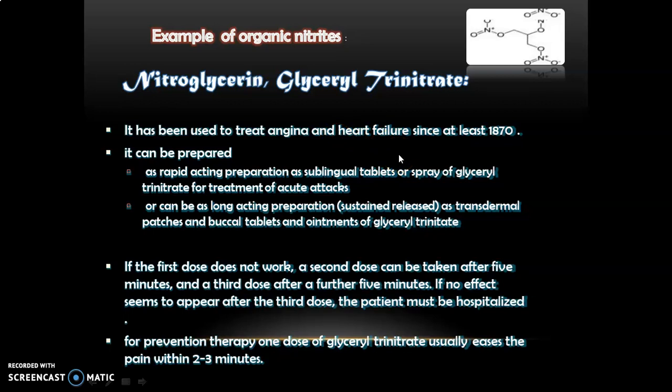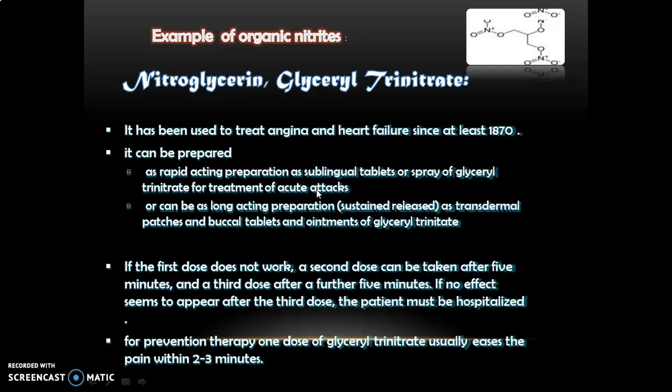It can be prepared as a rapid acting preparation, such as sublingual tablets or spray of glyceryl trinitrate for the treatment of acute attacks, or as long acting preparations like sustained release preparations, transdermal patches, buccal tablets, and ointment of glyceryl trinitrate.